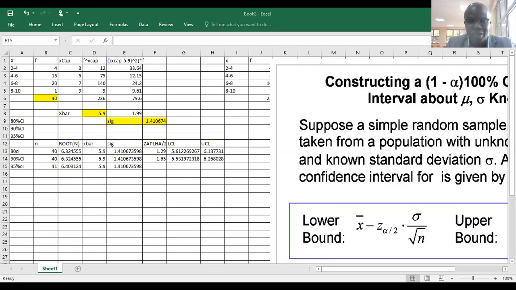So come here, look for 0.975. It corresponds to what? It's also a known figure. Which Z value gives you an area of 0.975?